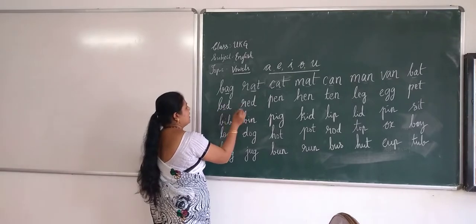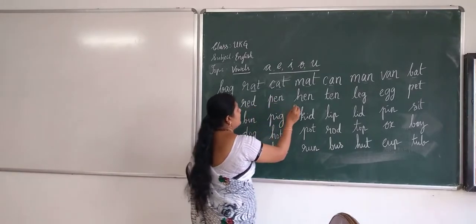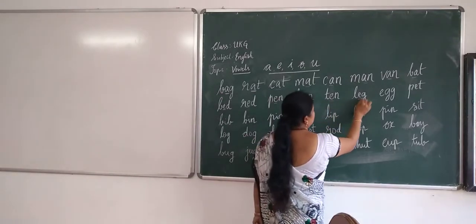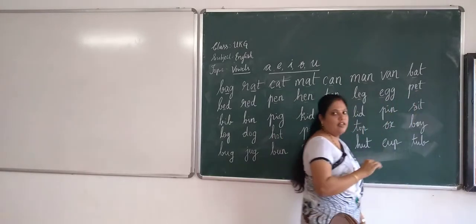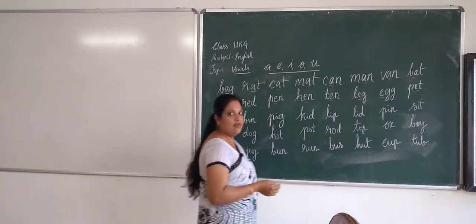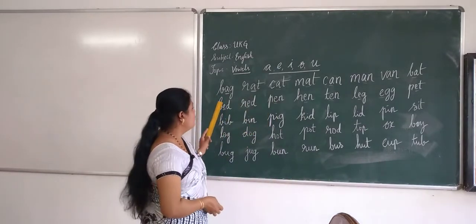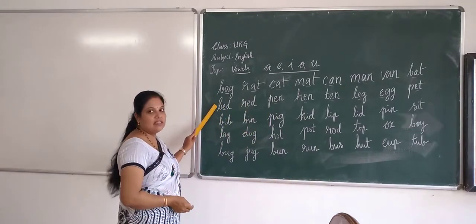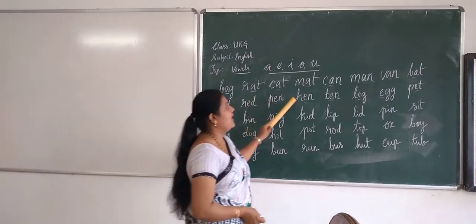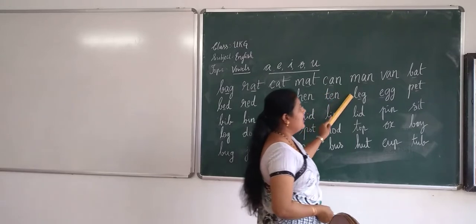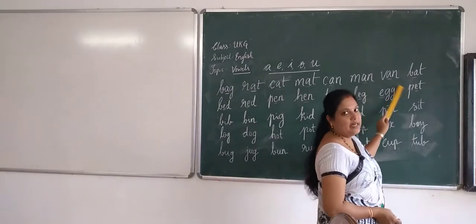Everywhere you can find E here, in all these words either in the middle or in the front. Shall we say it again? Bed, red, pen, hen, ten, leg, egg, pet.